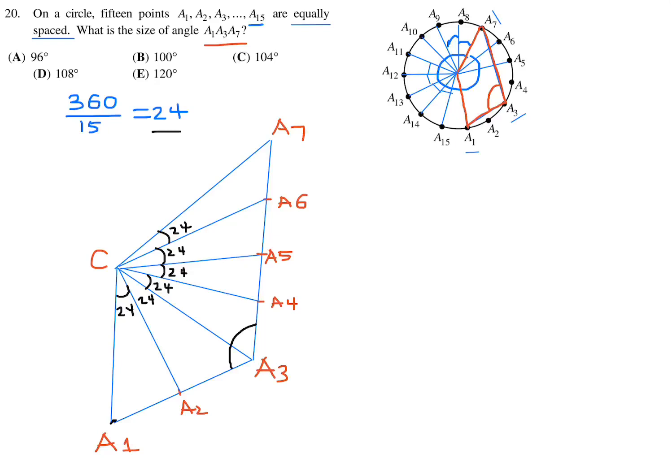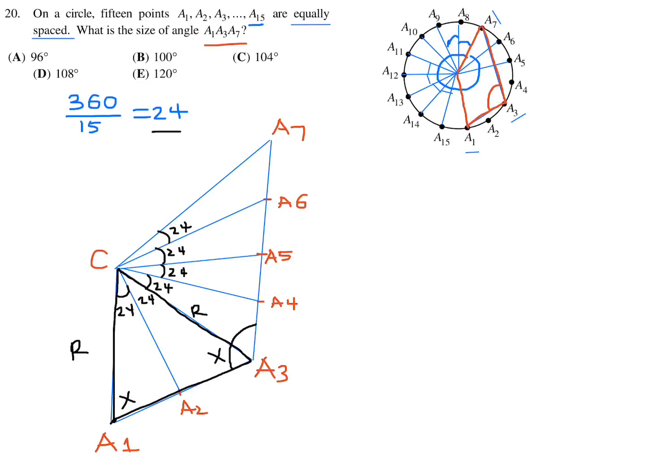Well, one thing that I immediately noticed is that this is the radius of the circle. The center to A1 is the radius. And similarly, if you draw a line from the center to A3, that's also the radius. So therefore, this is an isosceles triangle. So this angle is the same as this angle. Okay?